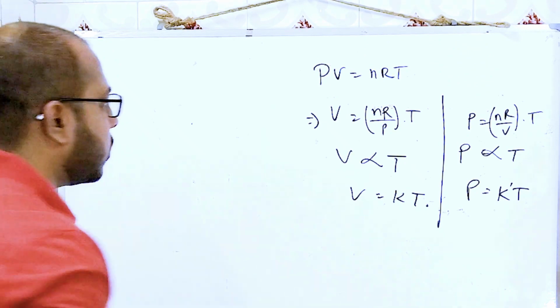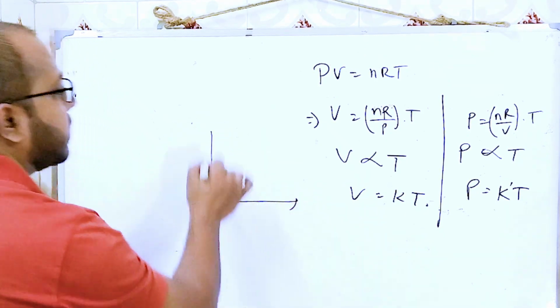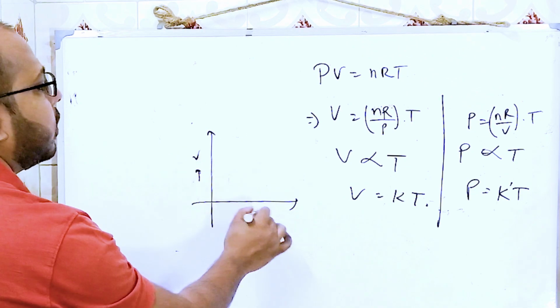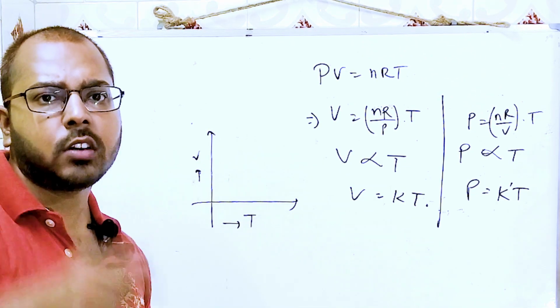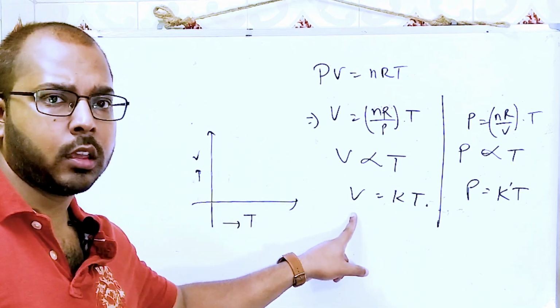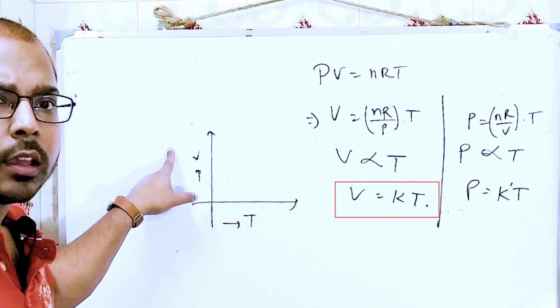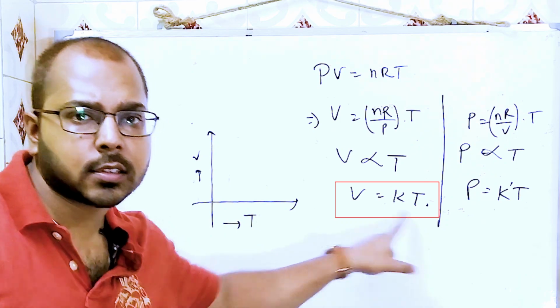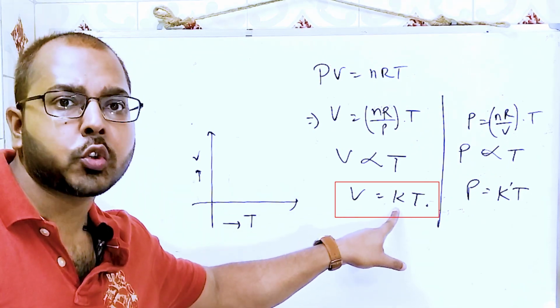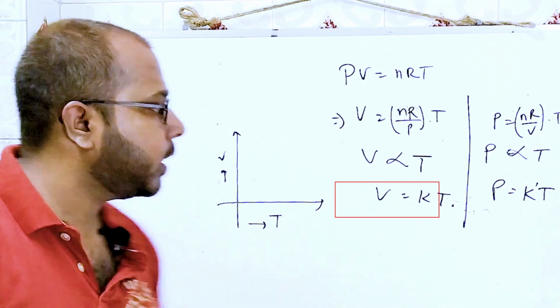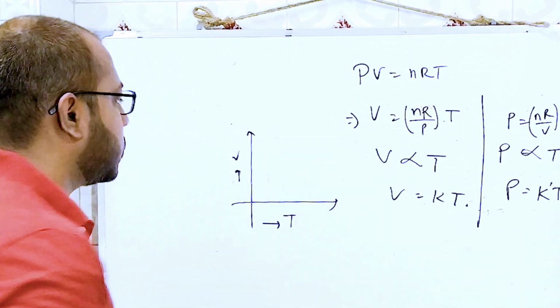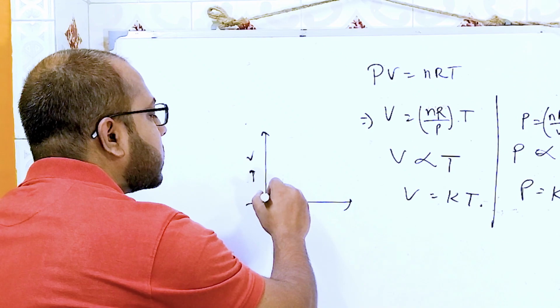Okay, so if someone is asking what is the nature of the V versus T graph, you can easily draw it, because this part is y and this part is x. So y equals to mx, and there is no c part.